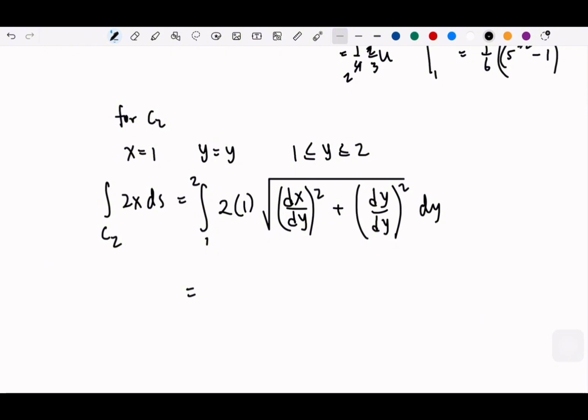Because x is a constant, but dy/dy is 1, so this will be 2 dy. Or we can simply say this is 2, because 2 minus 1 is 1.